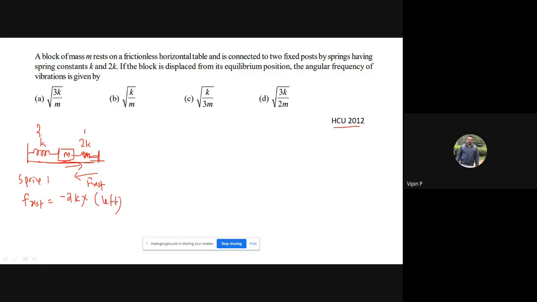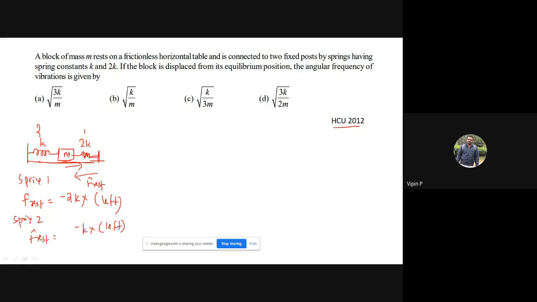Now if you look at spring 2, this will be elongated, which means that a restoring force will be developed in this spring towards left once again. So that restoring force would be minus kx towards left once again. Is it clear to you all? This is being compressed towards right, so a restoring force will be developed towards the left.